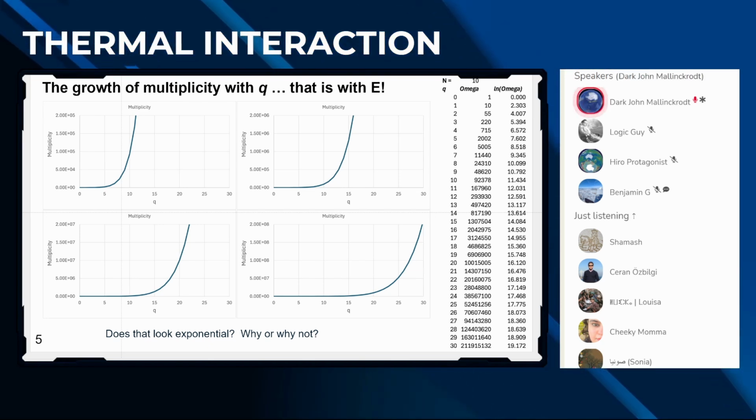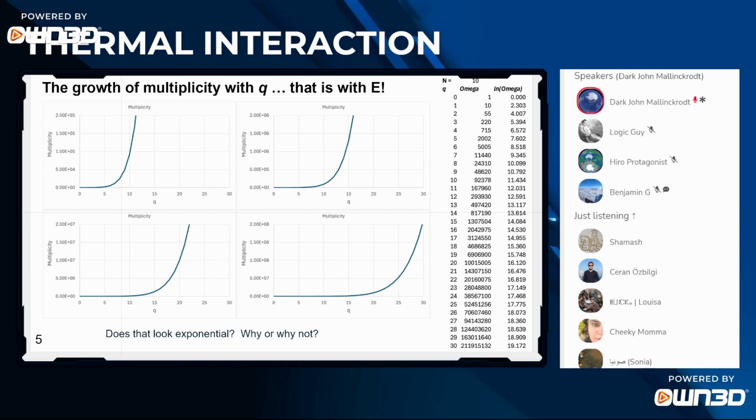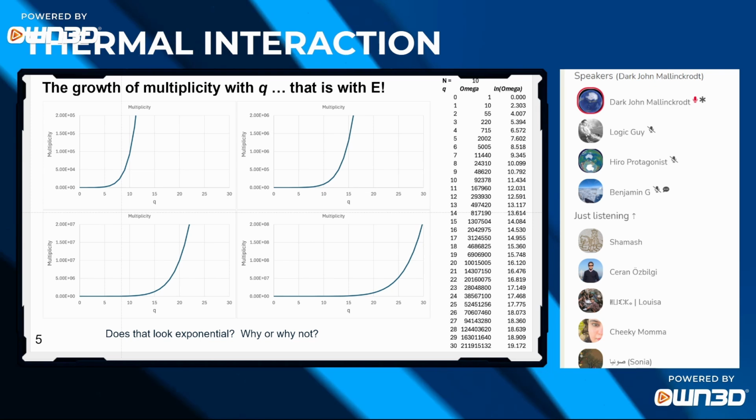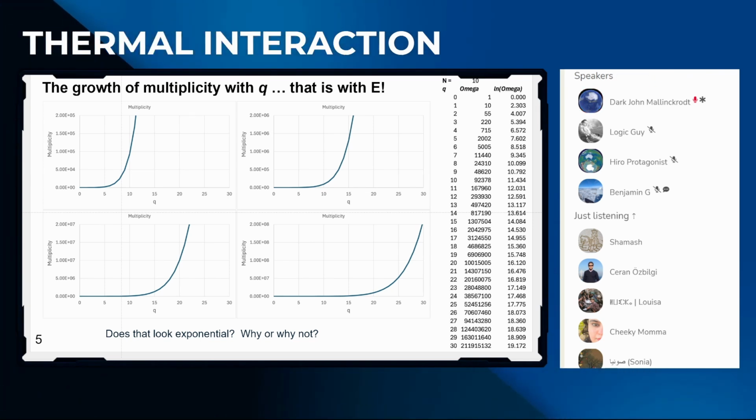And you can see already by the time you get to 2, it's getting a little more complicated. By the time you get up to 10, there are 92,378 ways of storing 10 units of energy in 10 oscillators.